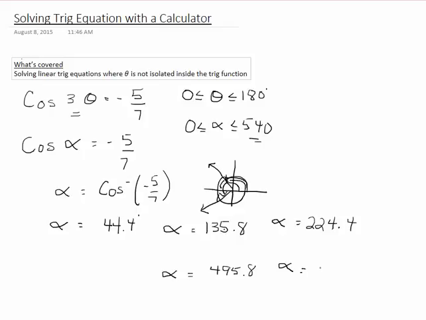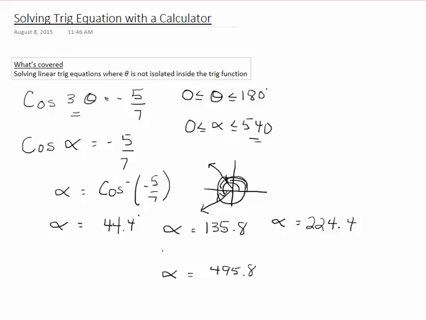If I do the same thing to that second arm, I swing it all the way around 360 degrees, it goes 584.4 degrees. Now I see that I don't need this one because it's greater than 540 degrees. It's always sort of nice to go that far so that you see that you've captured them all.